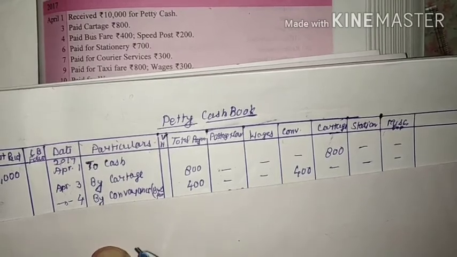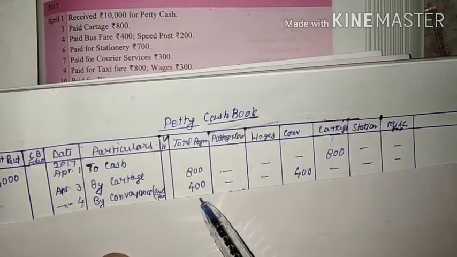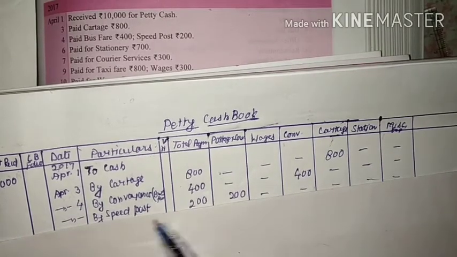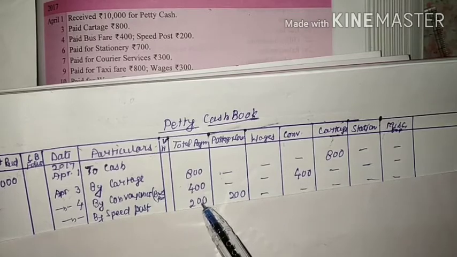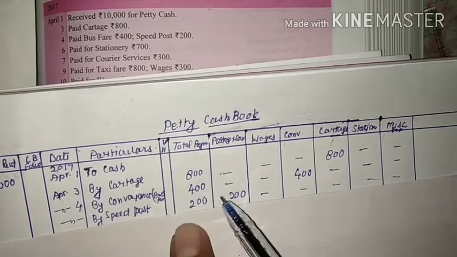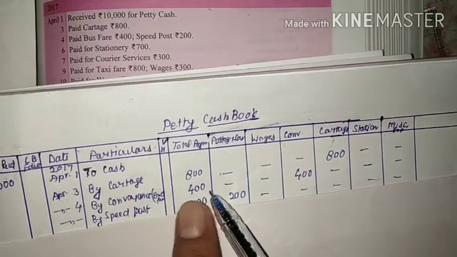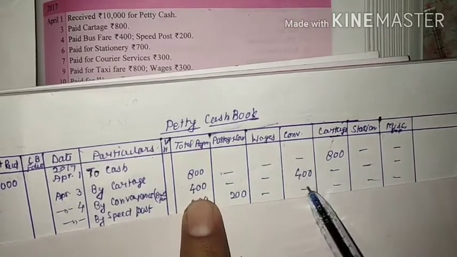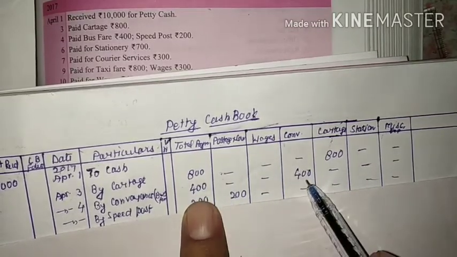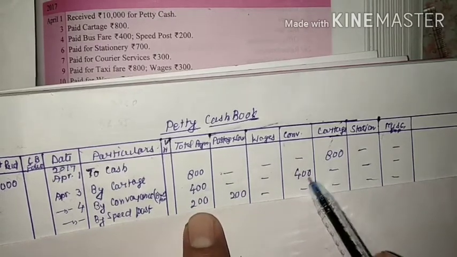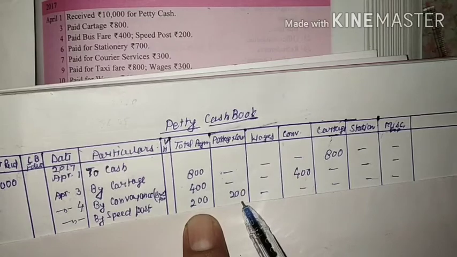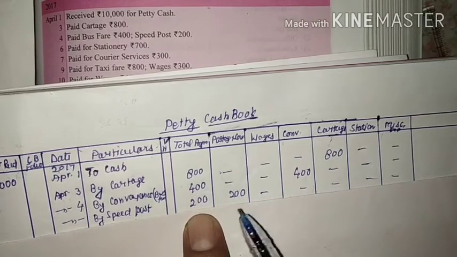So 400 is paid, and 200 of speed post is shown here. Now we'll put these in separate columns. Conveyance is 400 rupees, and this 200 is related to postage, that is postage and courier. So we have kept this amount here.